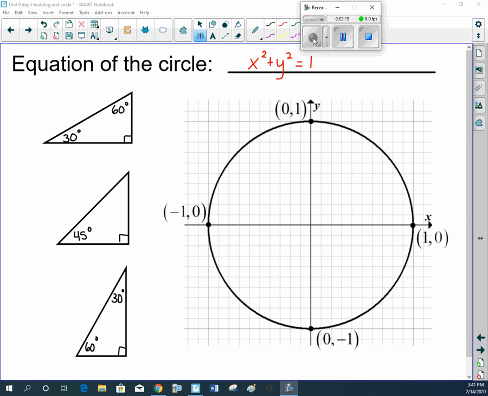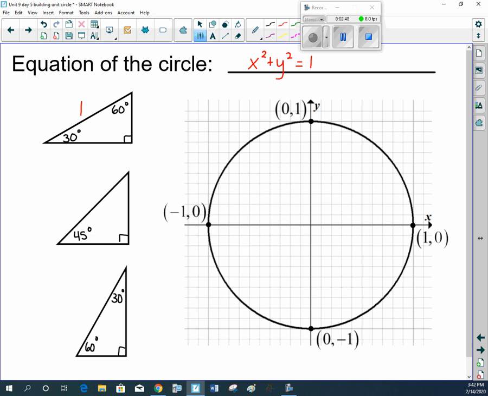What we're going to do now is we're going to take, remember those special triangles, those 30-60-90s and 45-45-90s? We're going to actually take those and we're going to graph them inside this circle, inside the unit circle. So since our unit circle has a radius of 1, we're going to put this 30-60-90 triangle inside there, and we are going to use 1 as the hypotenuse for that triangle.